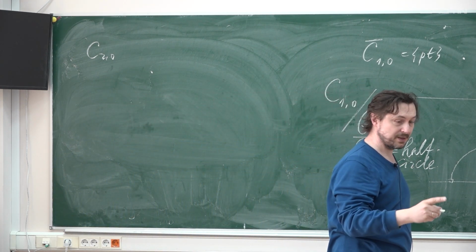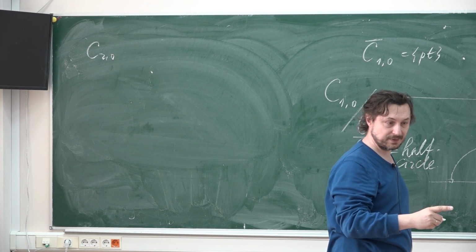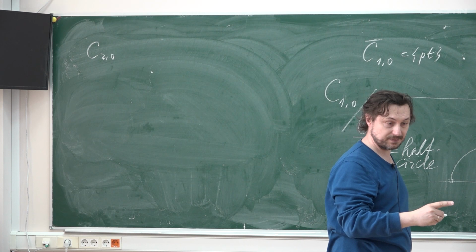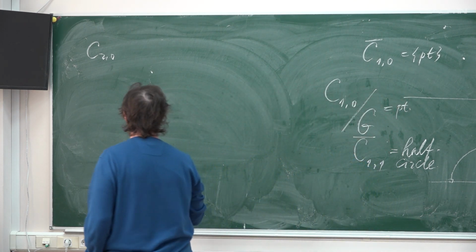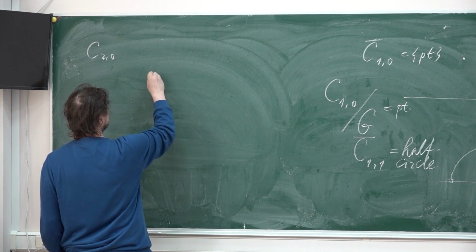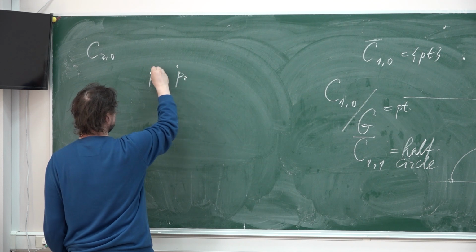There are 3 possible singularities which we can run across in this case. The first singularity is that these 2 points, P1 and P2, will come together.